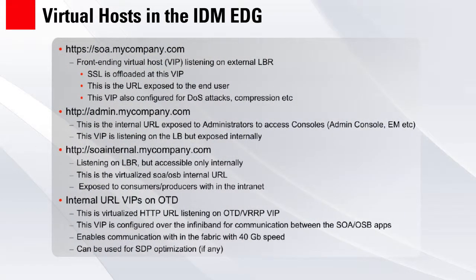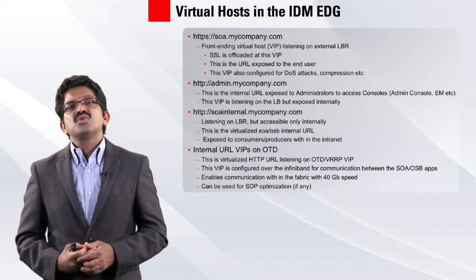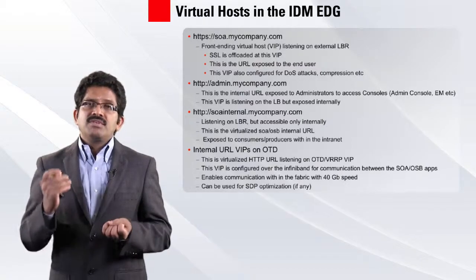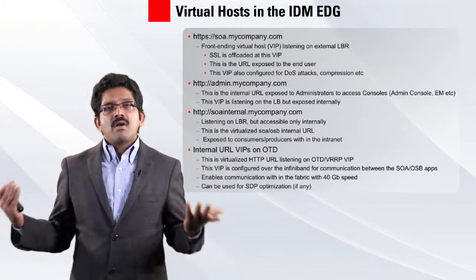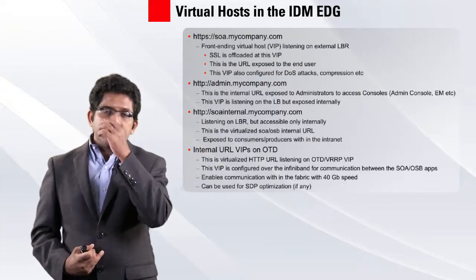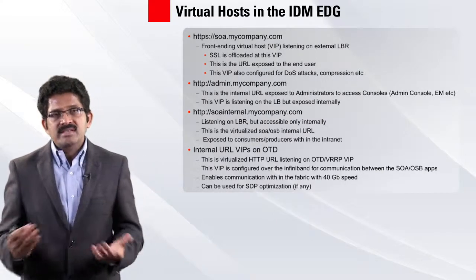For example, in the topology, on the external side, when the end user accesses SOA or any other SOA suite of applications, you have an external load balancer URL, which is soa.mycompany.com, for example. You can use any company specific name, but in this example we used mycompany.com as a company name.